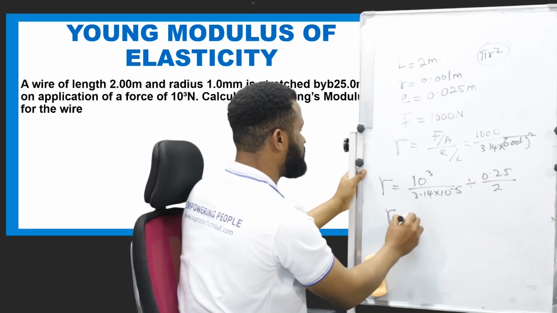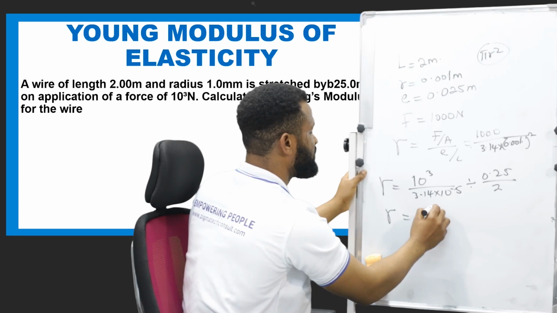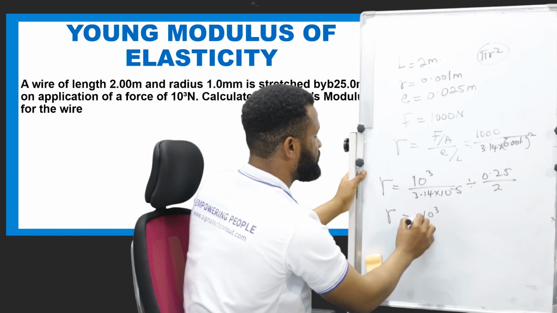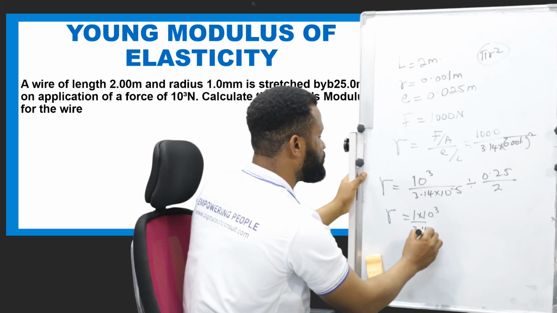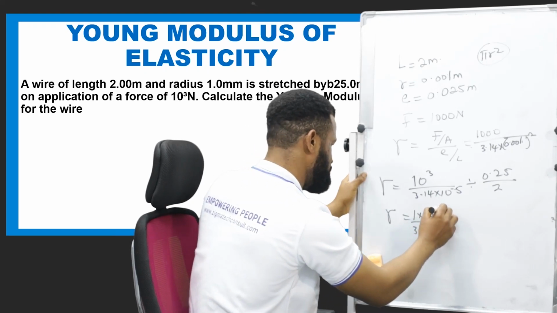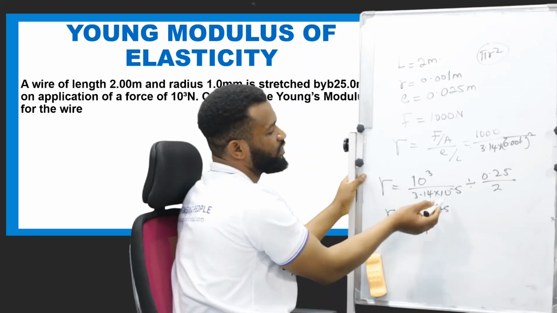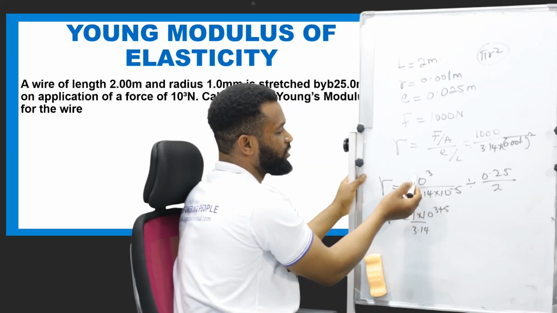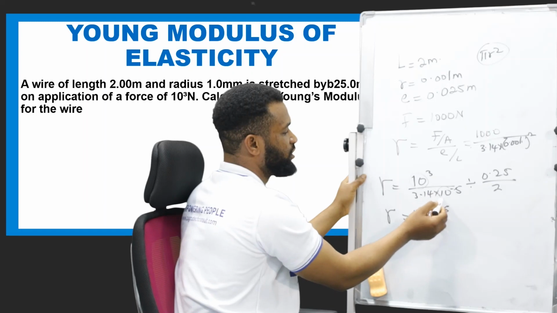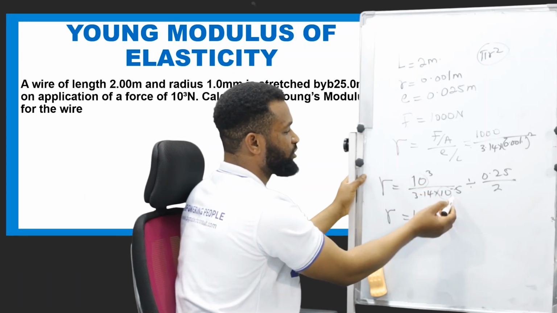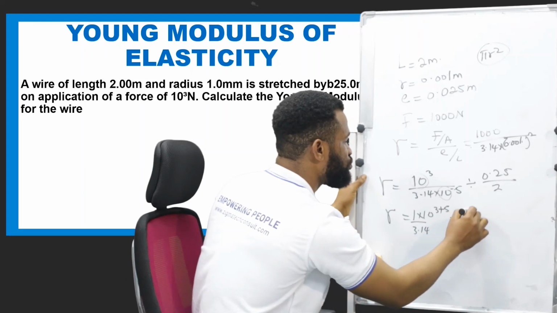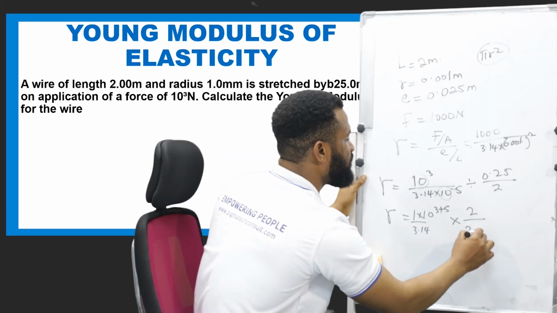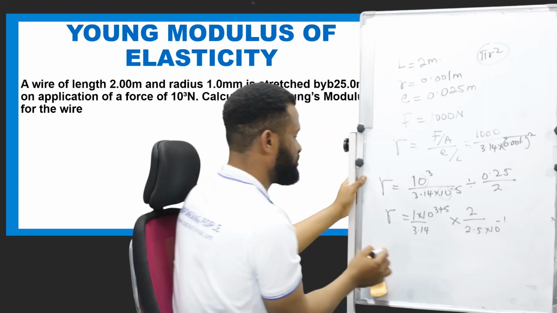So the Young modulus is going to be 1 times 10 raised to the power 3 divided by 3.142 times 10 raised to the power minus 5. Because this is dividing the same base, the powers will subtract, so minus 5 will go and become plus 5. Then this is times 2 all over 2.5 times 10 raised to the power minus 1.